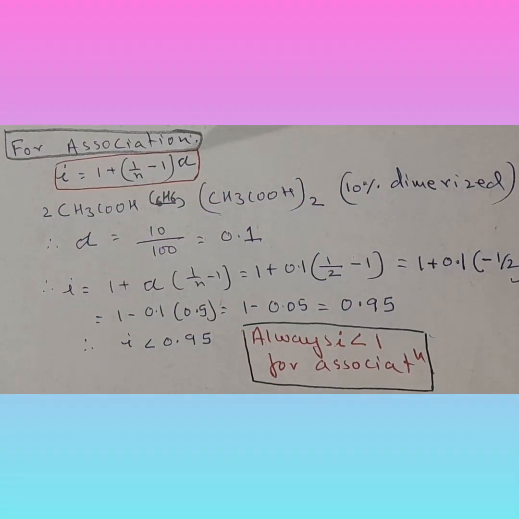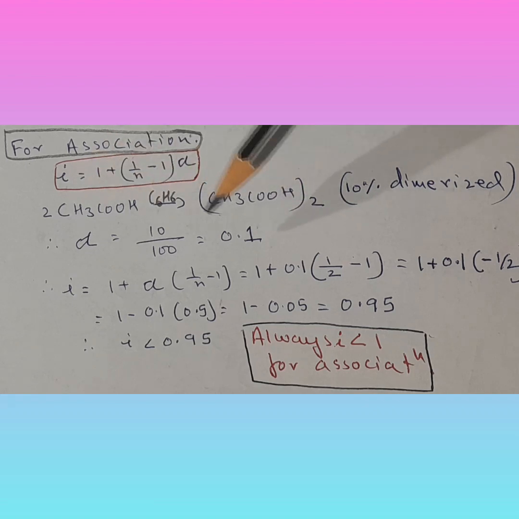Okay guys, now let's understand association. What happens for association? The formula also changes a bit. i is equal to 1 plus (1 over n minus 1) times alpha. This is the formula we have to use whenever we are tackling association. Now, acetic acid dimerizes in benzene.